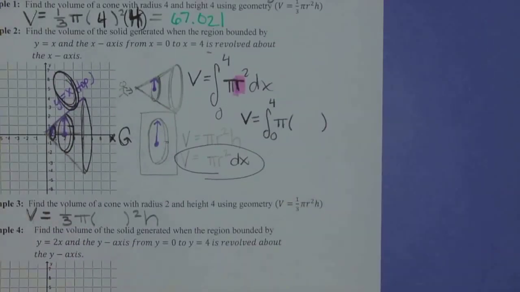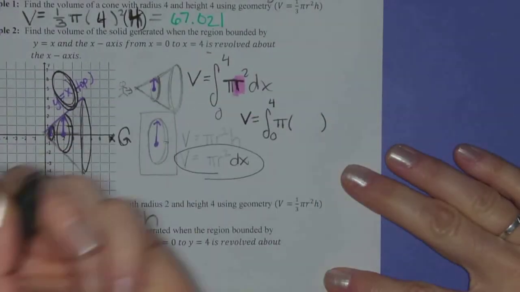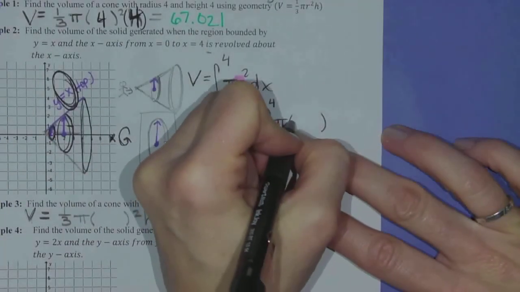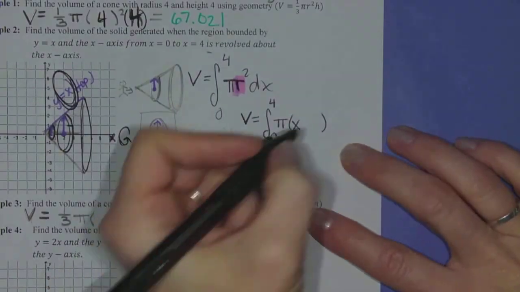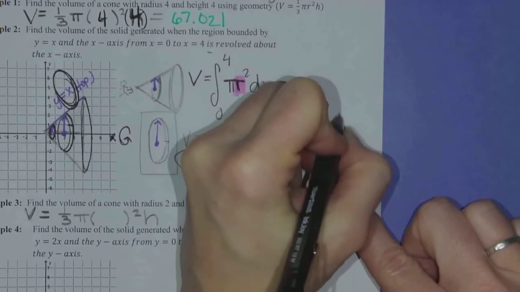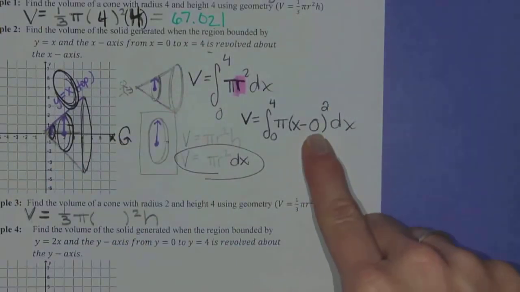x. Now, I want you to think of the radius as really being x minus 0, squared, dx. So where's this minus 0 coming from?